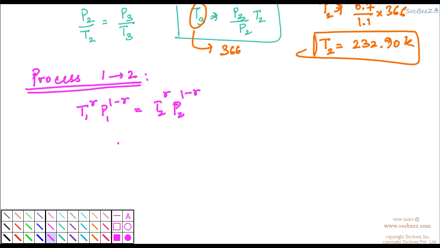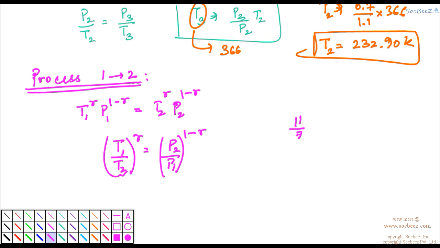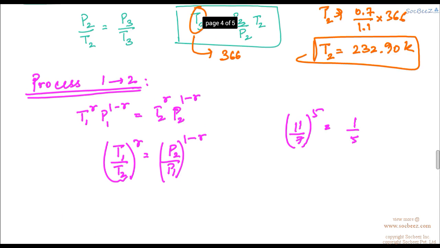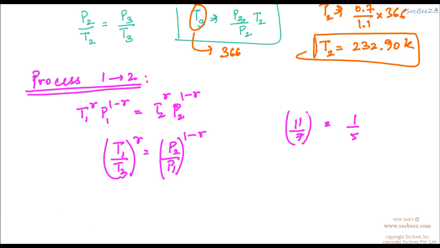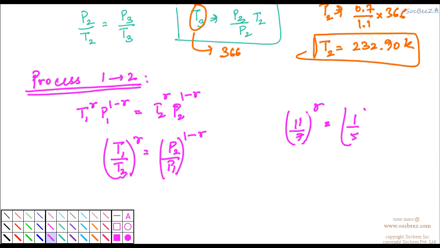So we have T1 upon T2 raised to power gamma equals P2 upon P1 raised to power 1 minus gamma. So which gives us the relation that 11 upon 7 raised to power gamma is equal to 1 upon 5 raised to power 1 minus gamma.